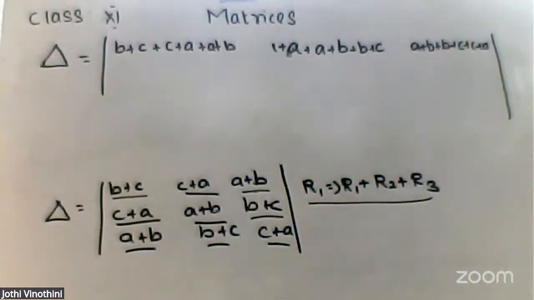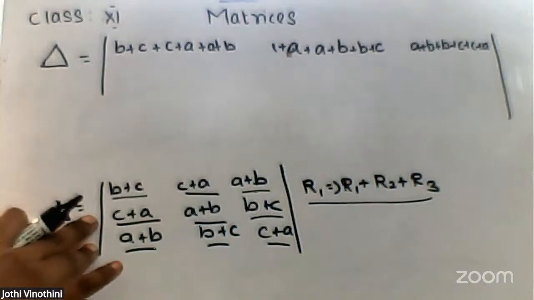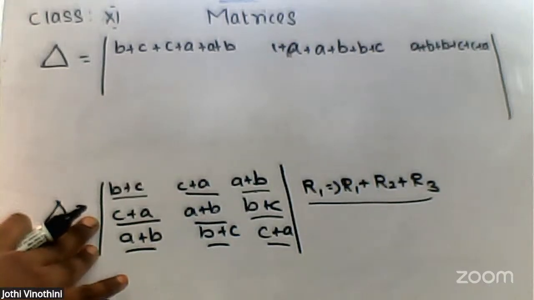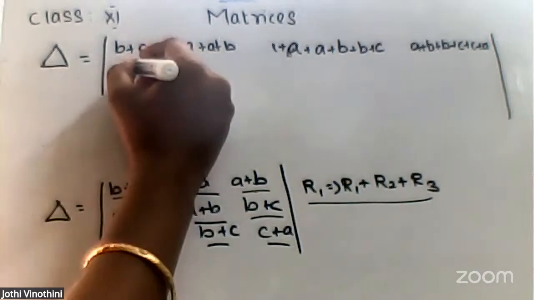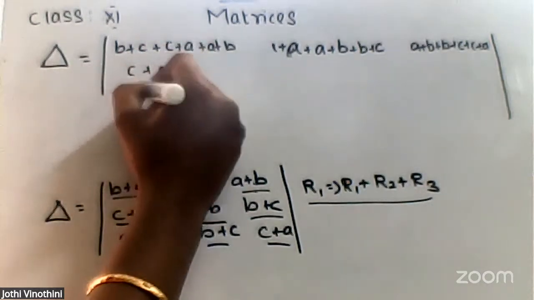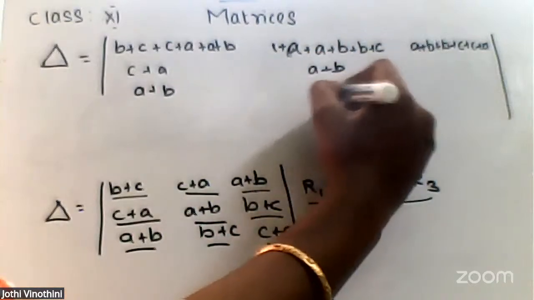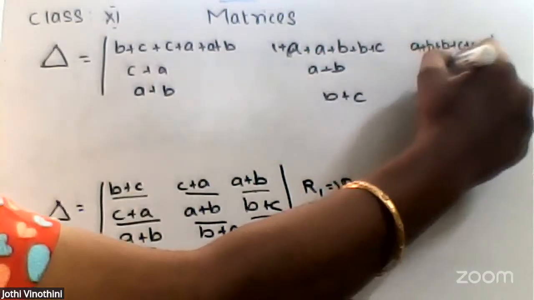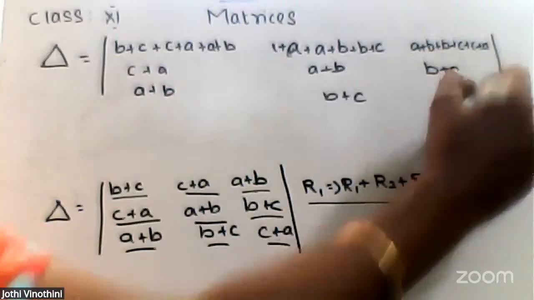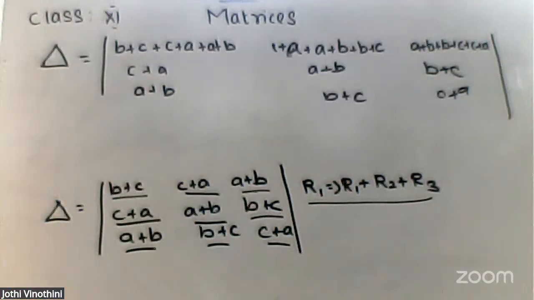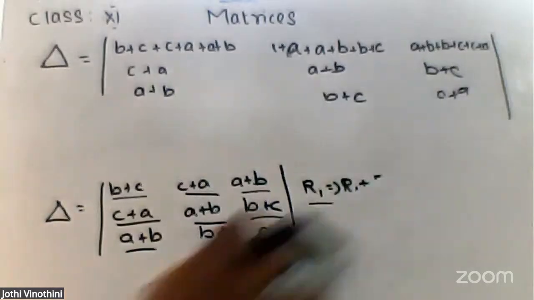Row 2 and row 3 remain the same: c plus a, a plus b, b plus c; a plus b, b plus c, c plus a. I hope you are clear with this. Shall we move to the next step? Yes.